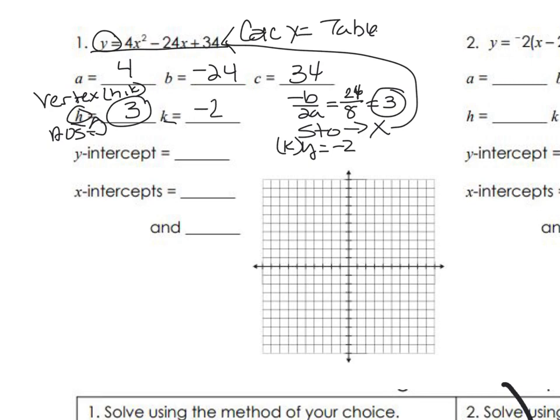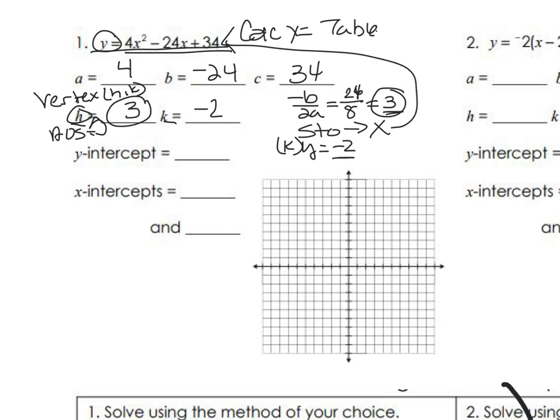Okay. So that store button in the calculator is great to use, because then you don't have to worry about inputting something wrong. As long as you just put the equation in and put the correct number in for X, you should get the correct answer. So my vertex is 3, -2.